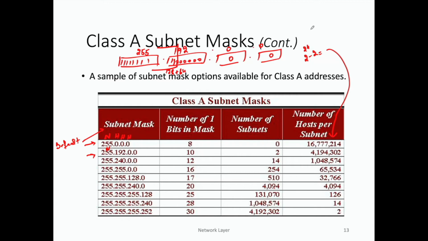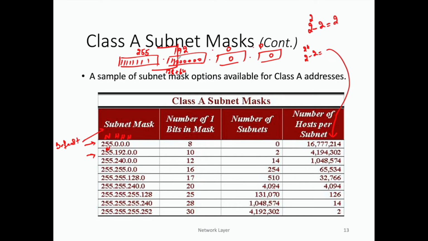So how many subnets can I create? This formula is very simple: 2 raised to power the number of bits borrowed. How many bits are borrowed here? 2. So 2 raised to power 2 minus 2, this value is 2. So I have created 2 subnets by borrowing 2 bits. And how many machines can be assigned IP addresses within each subnet? This depends on how many bits are left in the host portion.